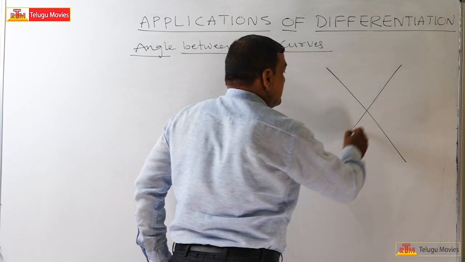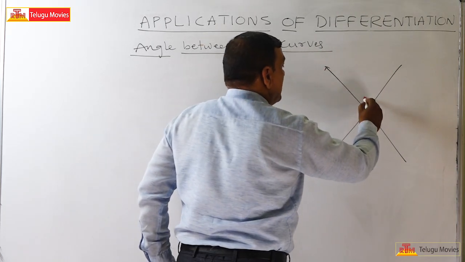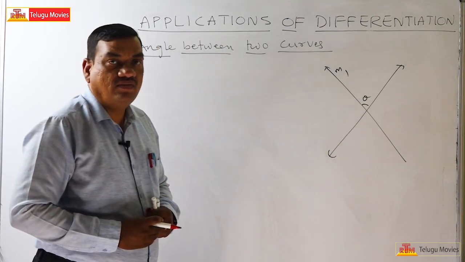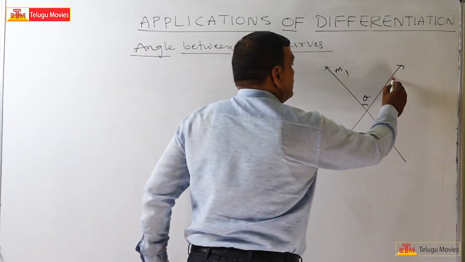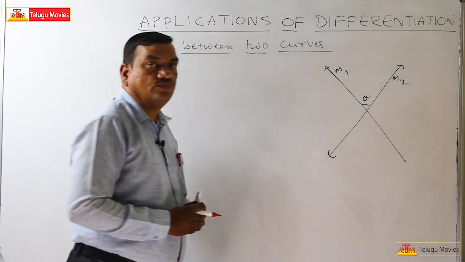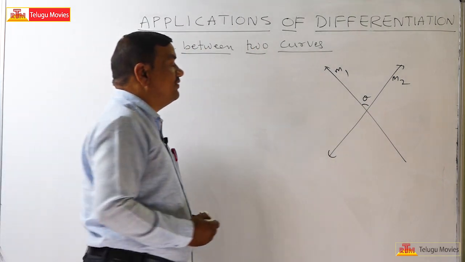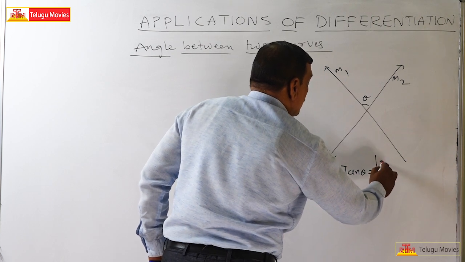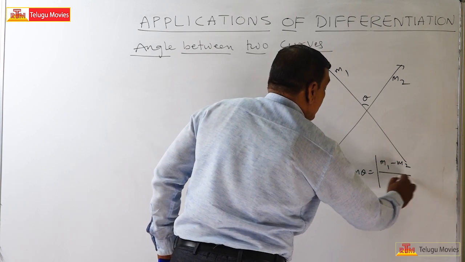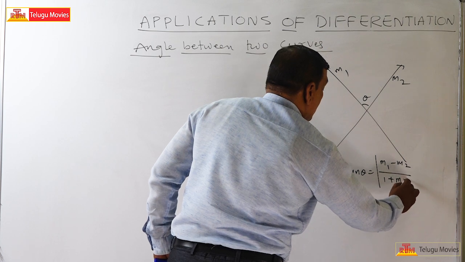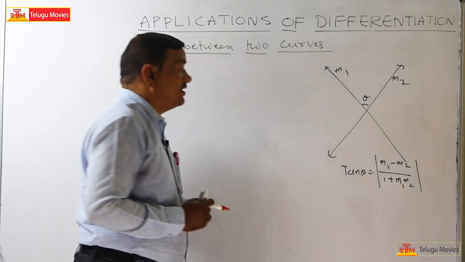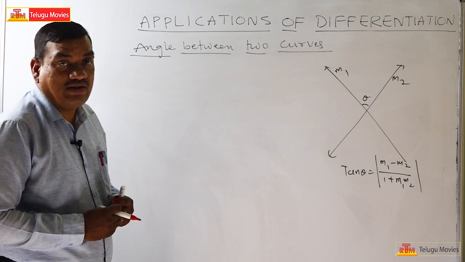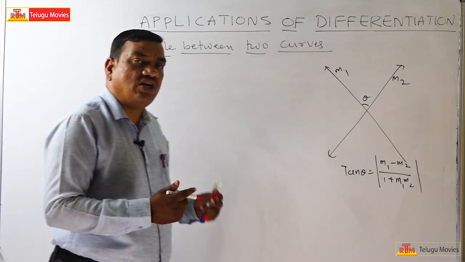There are two straight lines, and let theta be the angle between them. The slope of the first line is m1 and the slope of the second line is m2. Then tan theta is equal to modulus of (m1 minus m2) upon (1 plus m1 into m2). That formula we have in straight lines.